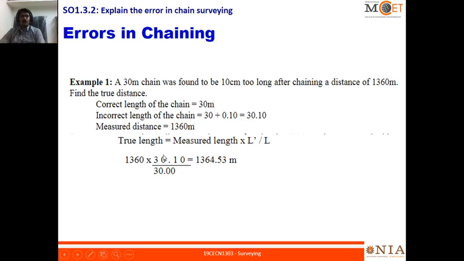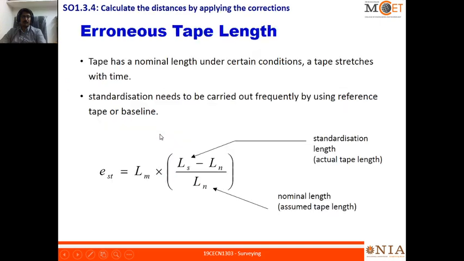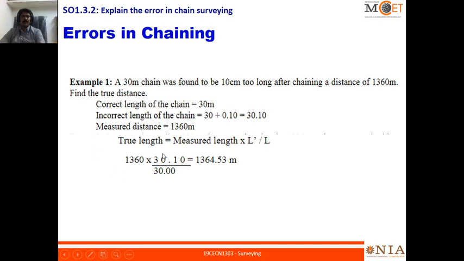If we do 30.10 minus 30 by 30, we will get the error. Here we directly get the true length, right? In the previous example we calculated the error alone, but here we directly calculate the true length since there is only one error, so we can directly apply this.